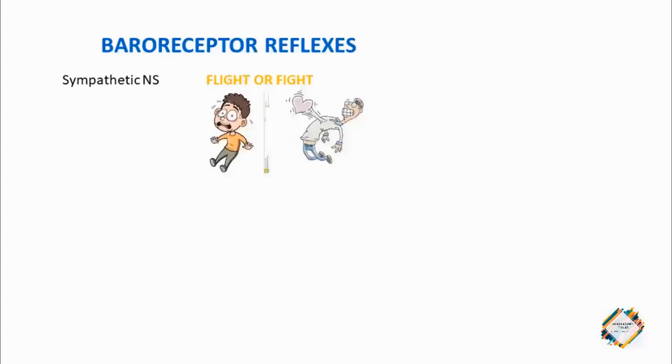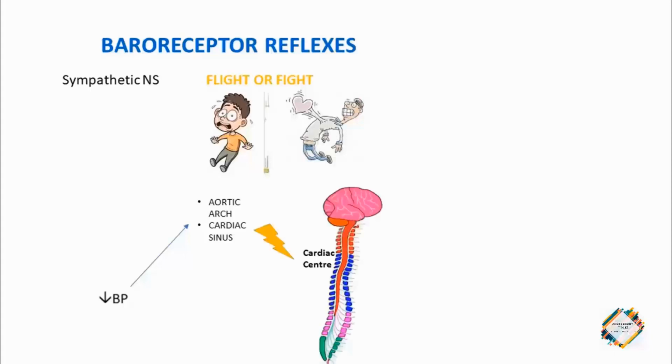Now, what happens when there is a fall in the BP? When there's a fall in the BP, the pressure-sensitive neurons, the baroreceptors present in the aortic arch and the carotid sinuses, will send fewer impulses to the cardiovascular centers. And this will further prompt a reflex response of increased sympathetic and decreased parasympathetic output to the heart and the vasculature.